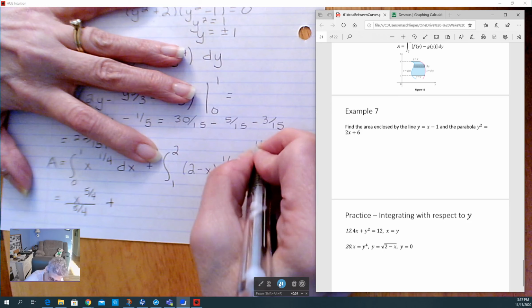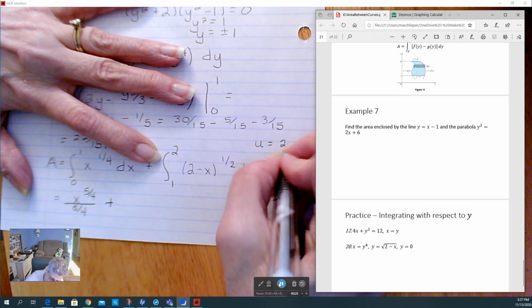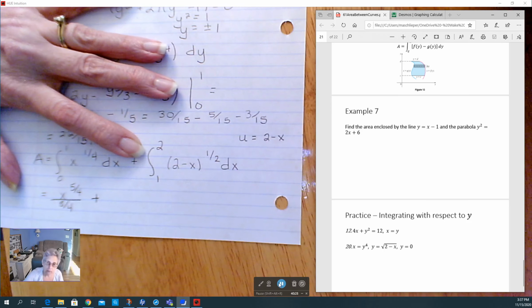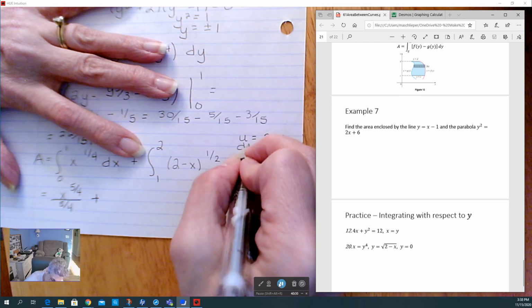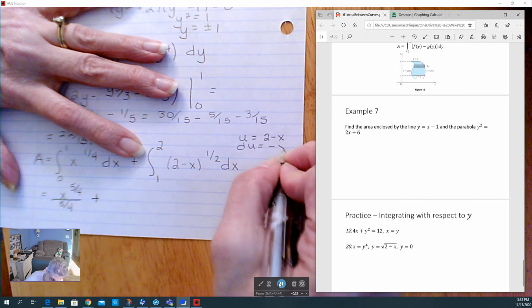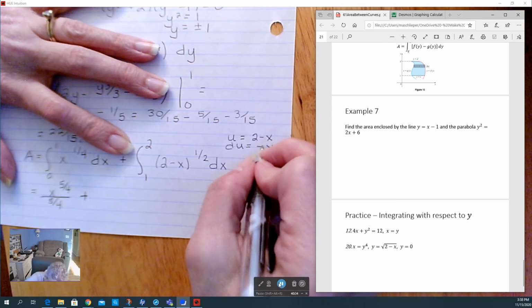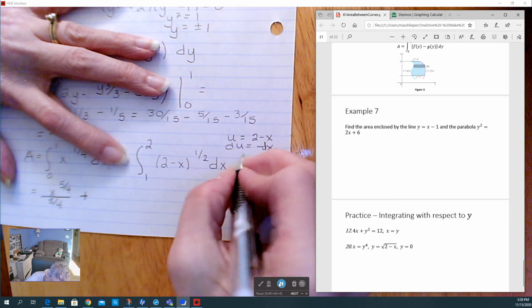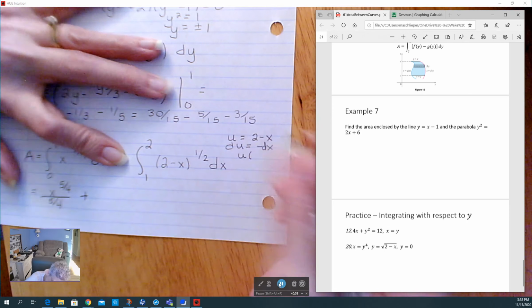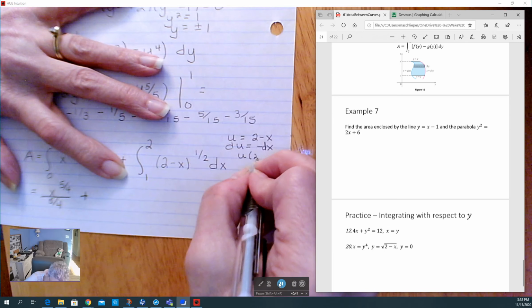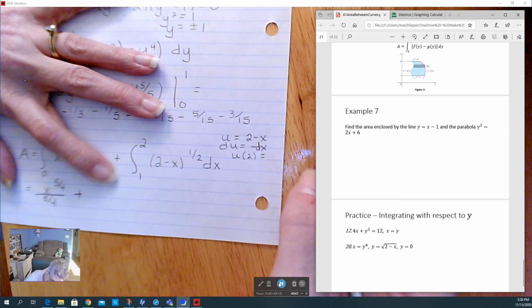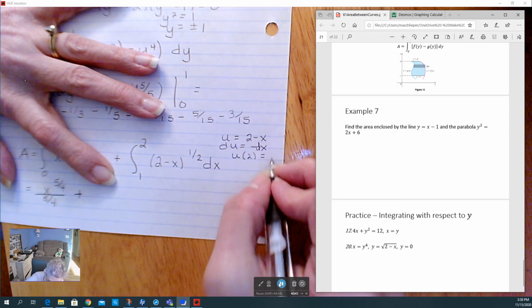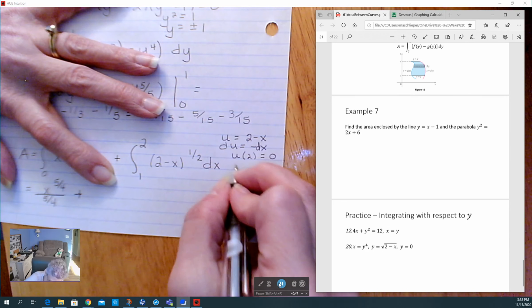This one, u is equal to 2 minus x. Du is equal to negative dx. U evaluated at 2 is equal to 2 minus 2, which is 0.